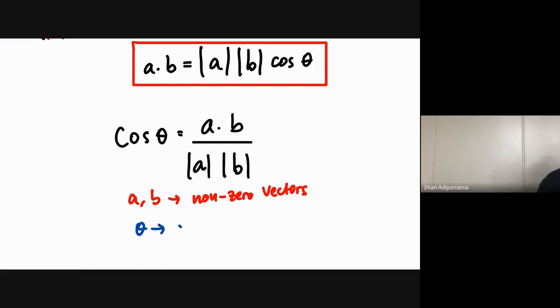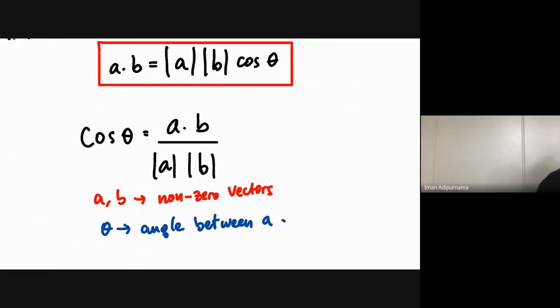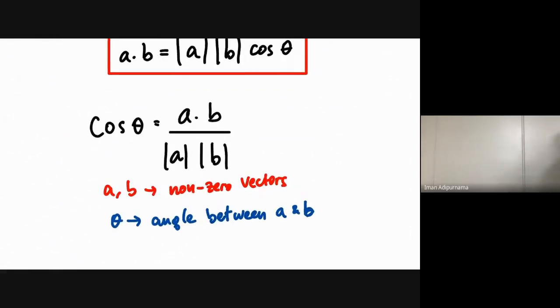And theta is the angle between A and B. I hope you don't mind I'm writing the vectors A, B just like that. But in the exam or midterm, I will write the vectors in bold letters.